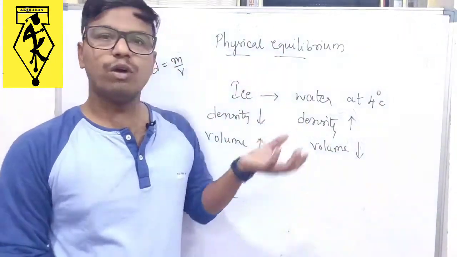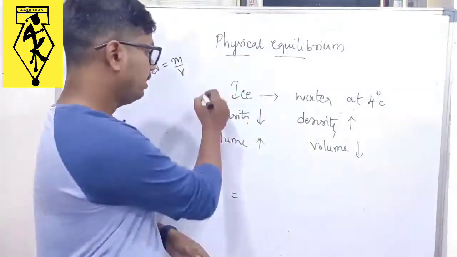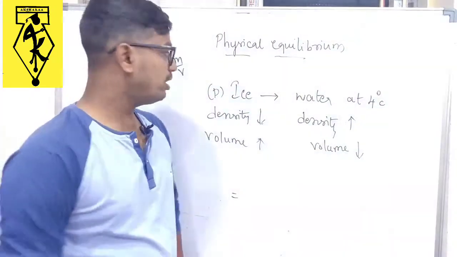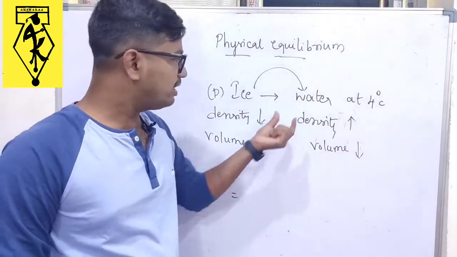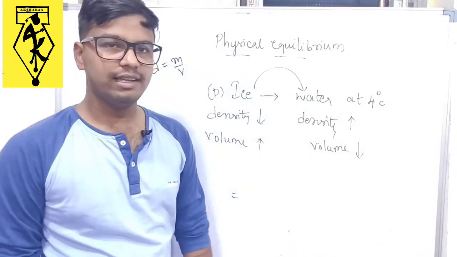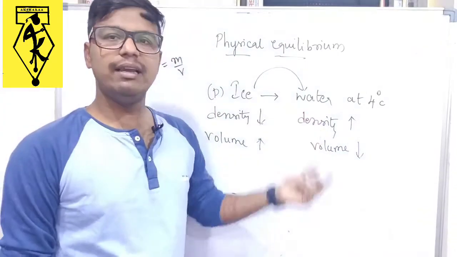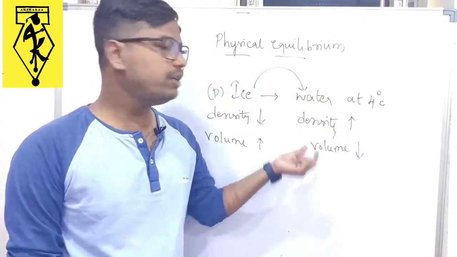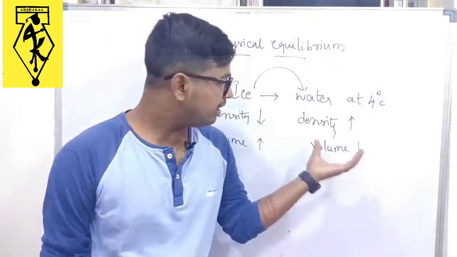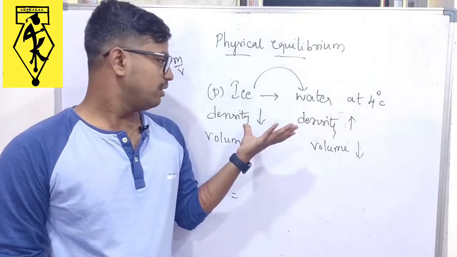So the ice and water system is the only system where if you increase pressure on ice, ice is converting into water. And if you decrease pressure, it is again coming back into ice. So that is the condition. Why? Because at 4 degrees centigrade, water has the maximum density. This is a very, very important point you should remember. Exactly opposite of the normal system. Keep it in mind. Okay.